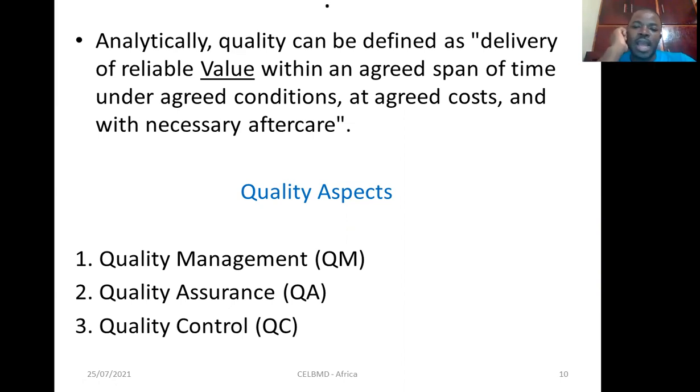And there are 3 aspects of quality that we're going to consider: quality management, quality assurance, and quality control.